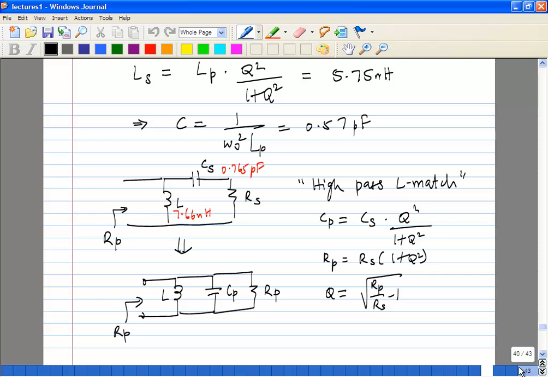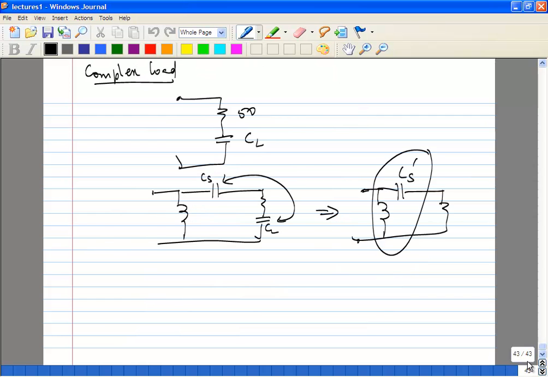Okay, so now I think we also looked at what to do if you need to match to a complex load. We quickly took a look at it. Let's say you have 50 plus some CL, and let's say it is minus j25. So it's 50 minus j25 is the impedance you want to match to.